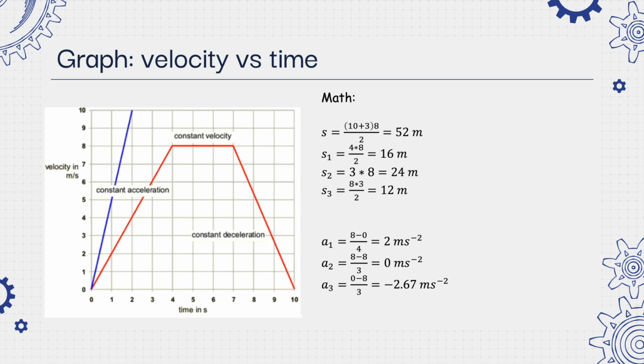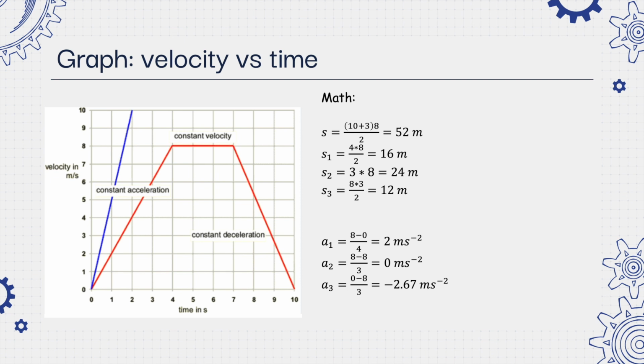Then we have the second graph. The second graph is about velocity versus time, with velocity in meters per second on the y-axis and time in seconds on the x-axis. We can focus again on the red line. This graph is a little bit more tricky because in the first part we can see a constant acceleration, because the velocity is improving.